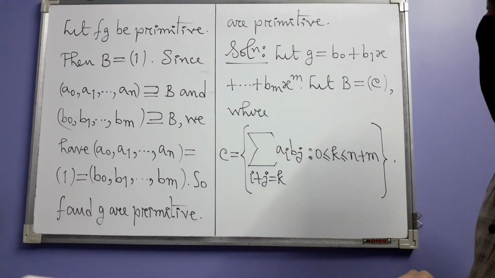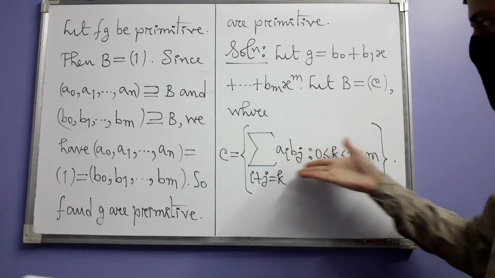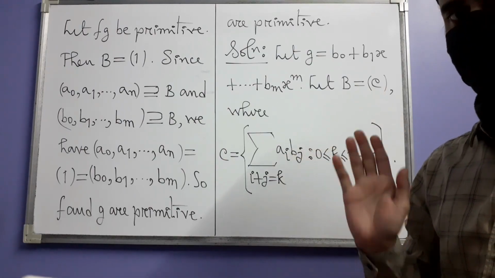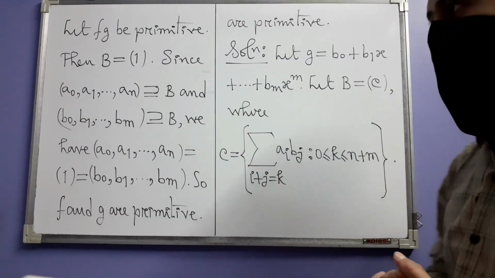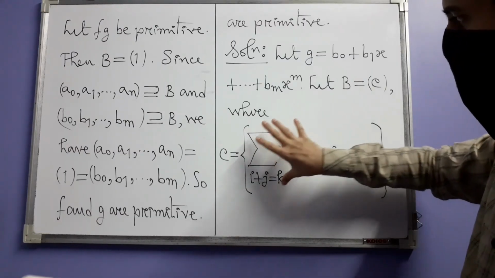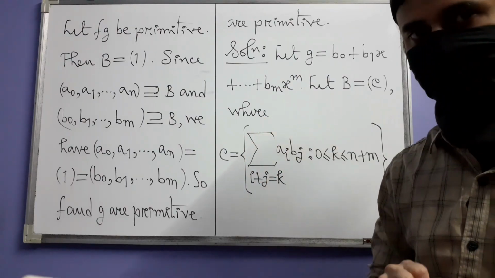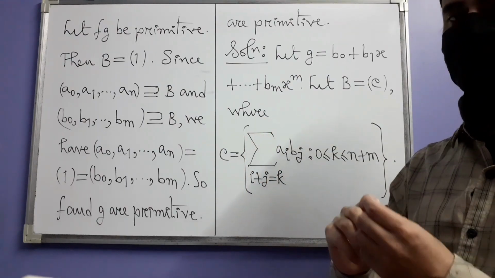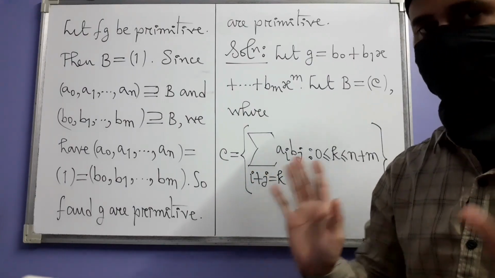Just like that, a typical element of B, because B is the ideal generated by these elements, will also be a sum like that. You will take finitely many elements like this, which themselves are sums, multiply them by ring elements, and then take the sum of such products.